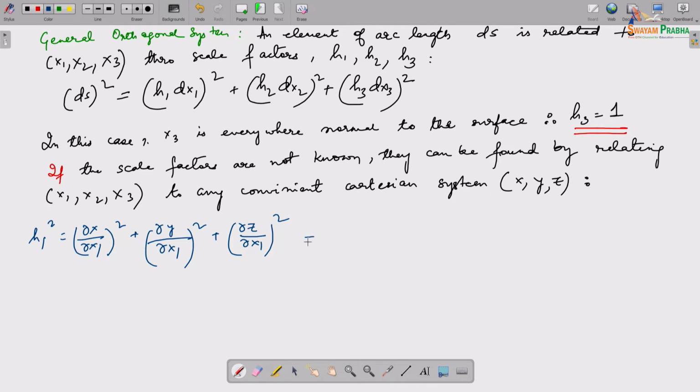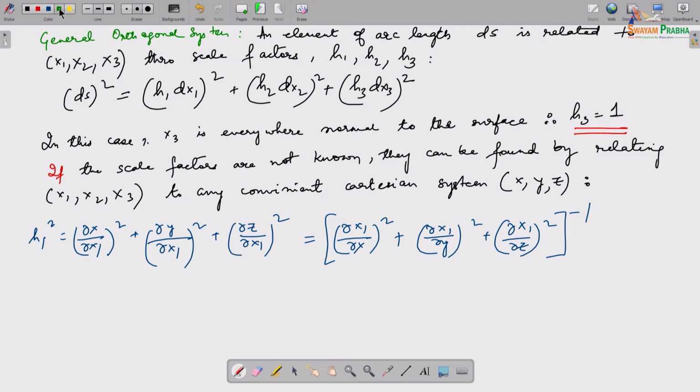I can also write this as del x1 del x squared, plus del x1 del y squared, plus del x1 del z squared.